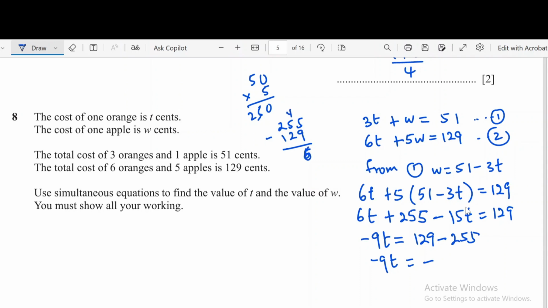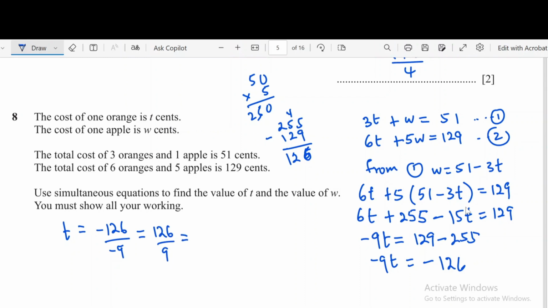This remains 4 here. 4 minus 2 is 2. 2 minus 1 is 1. So this is minus 126. If you divide, that means T itself is going to be minus 126 all over minus 9. Because the minus will cancel out, that's going to give us 126 over 9.